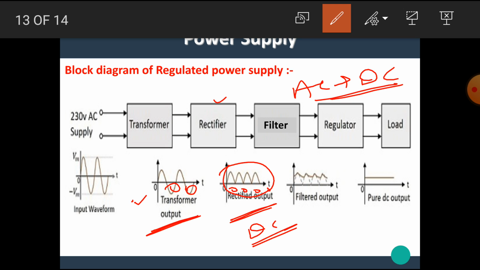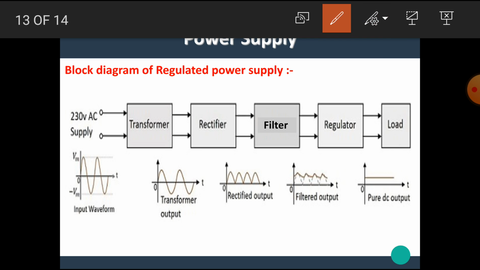But this waveform has a very large number of ripples. That means it contains some amount of AC component in it. Hence it is called pulsated DC. Let's see once again. The output of the rectifier is in pulsated DC form.